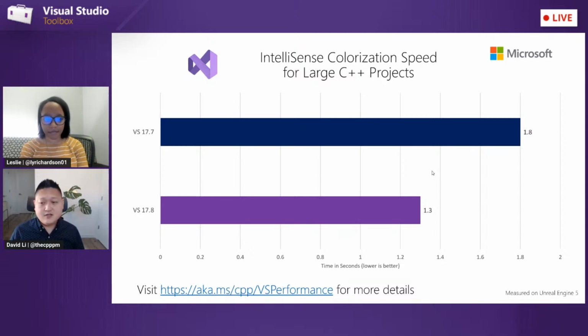As you can see here, we've been trimming down colorization time. This is when you open up a file for the first time, and it takes a second or two to get all your code colorized. For your smaller projects, you may not see the difference, but we have definitely been focusing on large C++ projects.